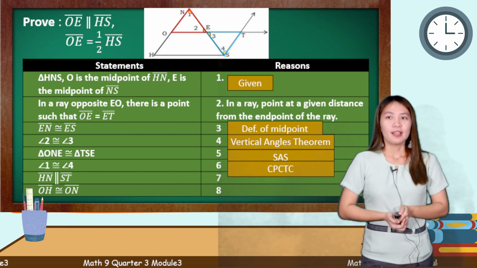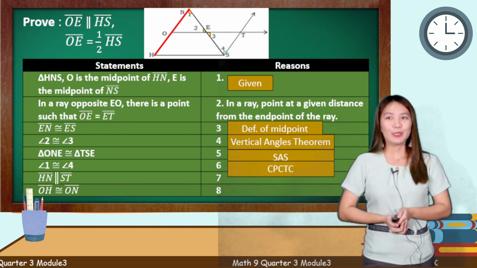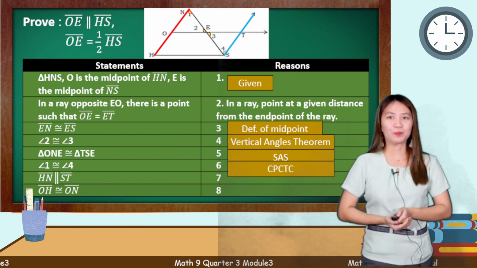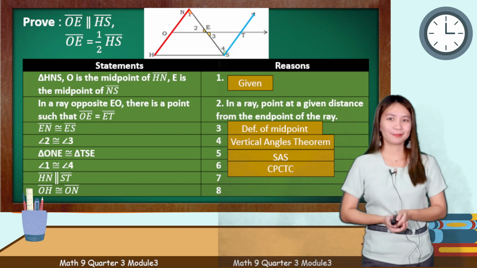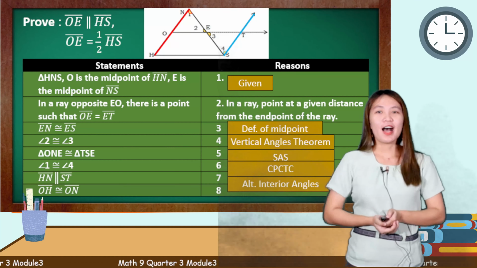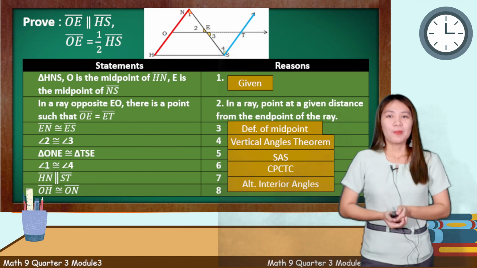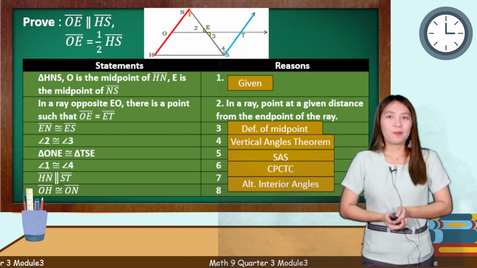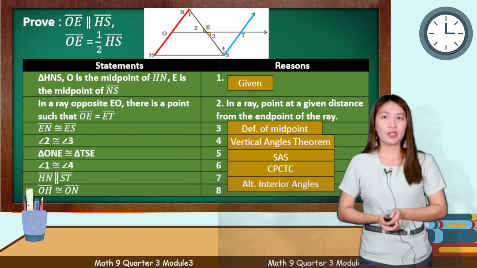Next, segment HN is parallel to segment ST. Why? That is because of alternate interior angles theorem. So, based on the statements previously proven, we have identified pairs of alternate interior angles.